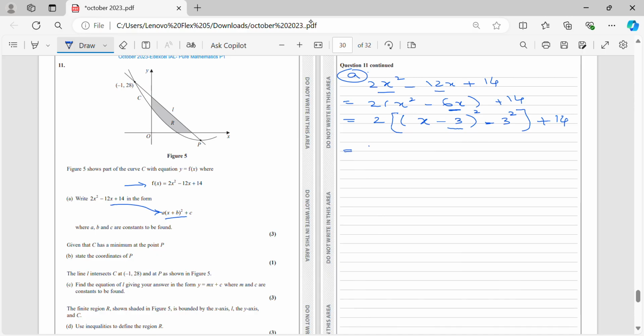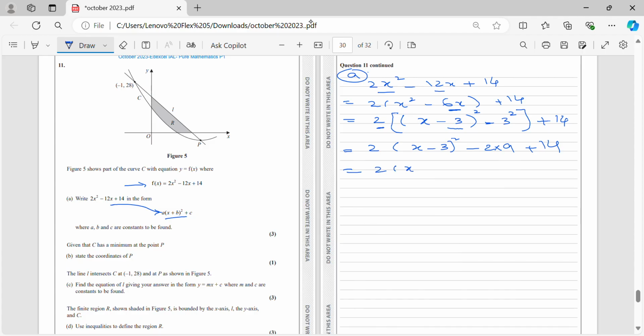So you need to be very careful with the brackets, because usually students forget to put the big bracket, and they forget to multiply the number inside the bracket. So 2 into (x minus 3) whole squared minus 2 times 3 squared, which is 9, plus 14.